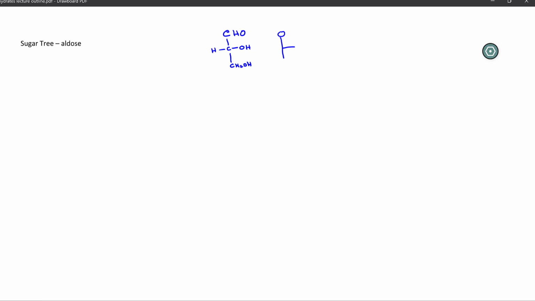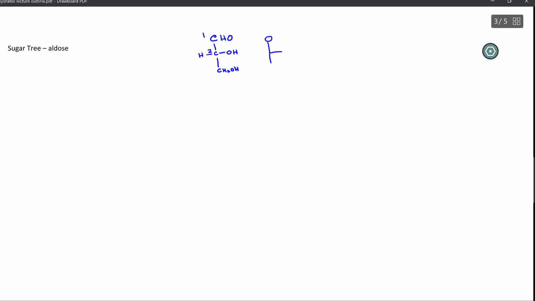Okay, so this is how they synthesize sugars. Between C1 and C2, remember this is 1 and then 2, they insert another carbon. The way it's actually done is they add a carbon to the top that becomes an aldehyde, and then this becomes an alcohol. So the bottom part's going to be the same.